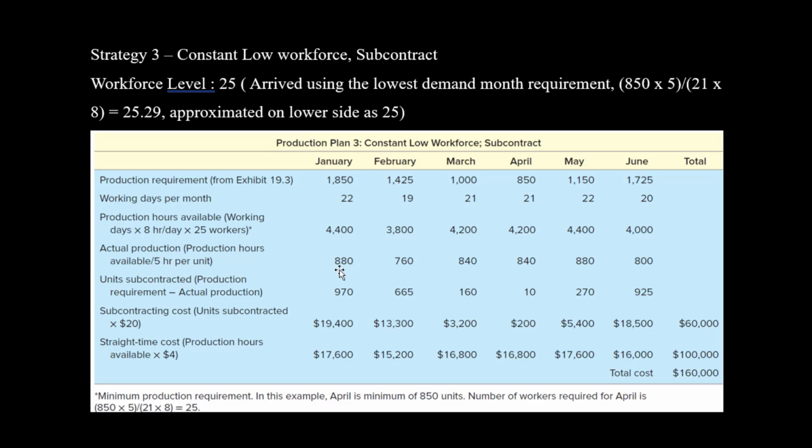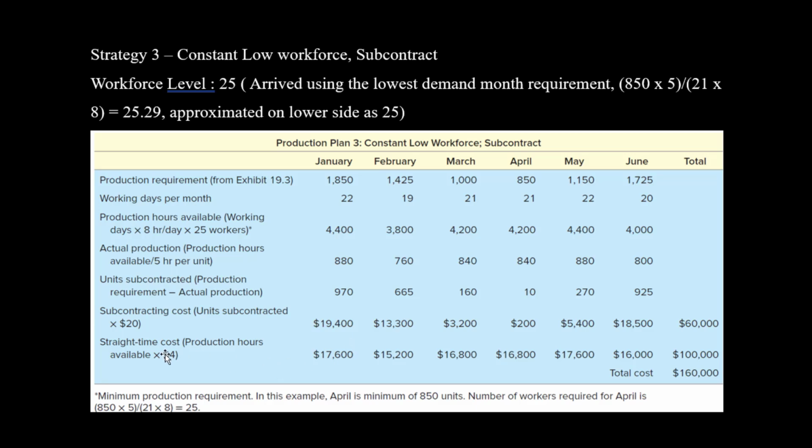Based on this, the subcontracted units will be the production requirement 1850 minus the 880 actual production. So 970 units we have to subcontract outside, which will be done at $20 per unit. This will be your subcontract cost, and the straight time cost will be this much for 25 people.